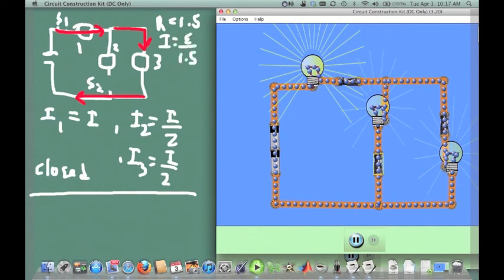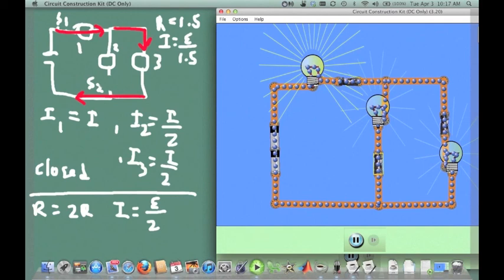Okay, let's keep that as a reference. When I open S2, now the resistance of the circuit goes to what value? 2R. It was 1.5 before, now it's 2R. Right? So that means the net current in the circuit is now going to be the EMF divided by 2 instead of divided by 1.5.